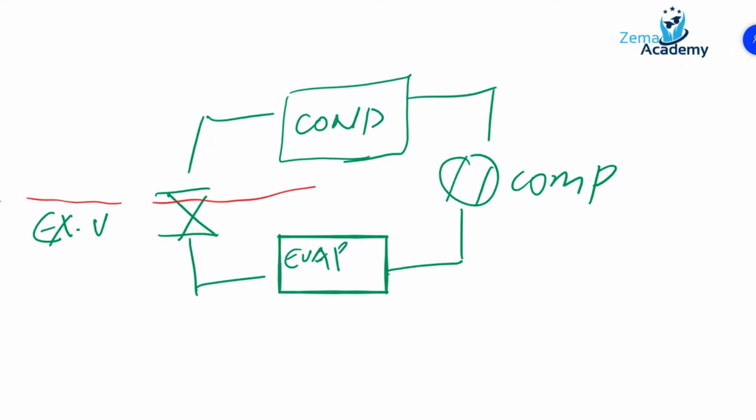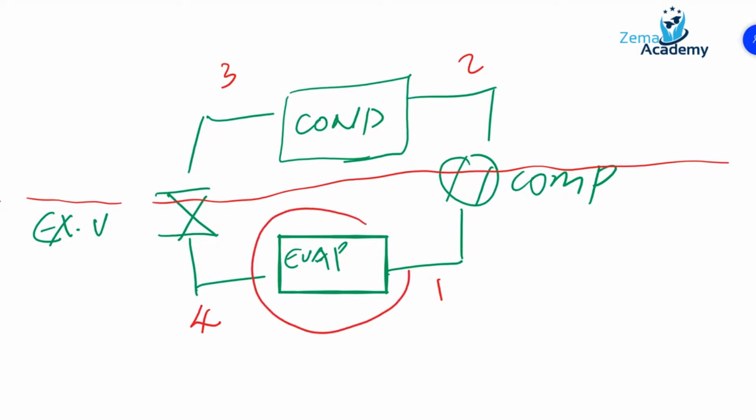If I divide the system in half like this, let's start, I'll number them as 1, 2, 3, and 4, so we'll know the different points across the circuit. I will start with the primary function of an evaporator. Depending on the source, let's start with air in here.